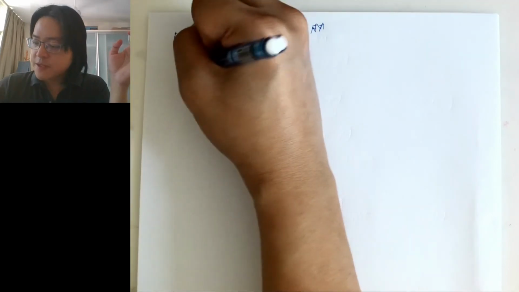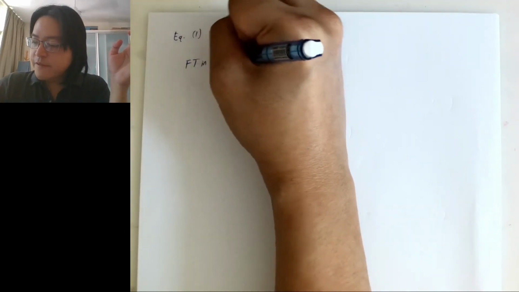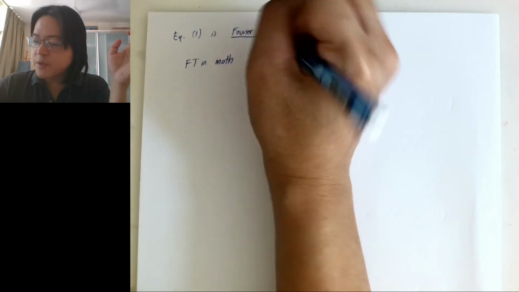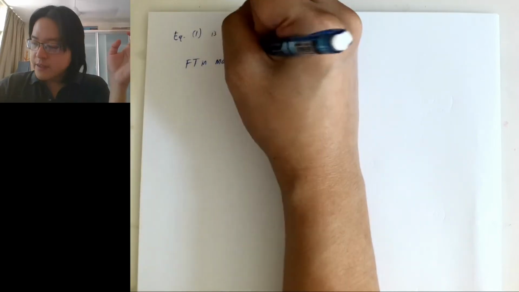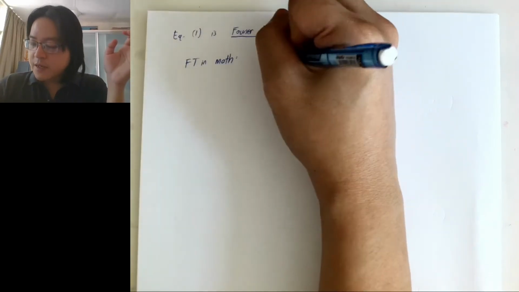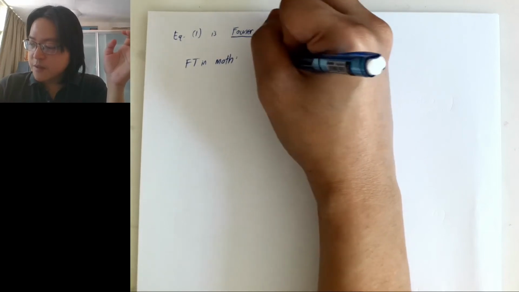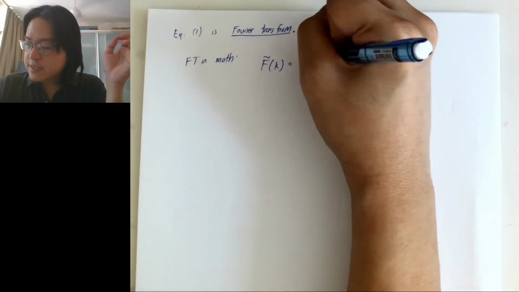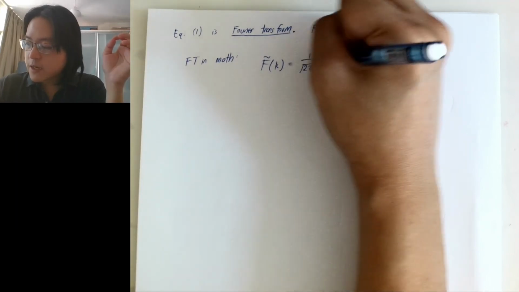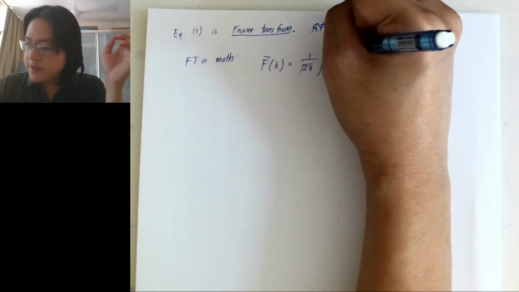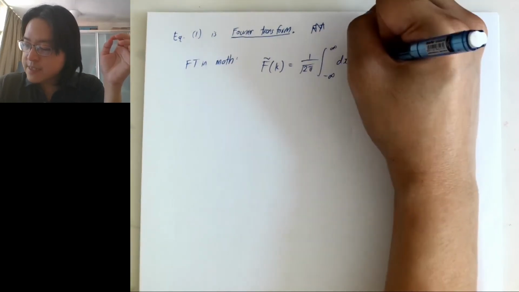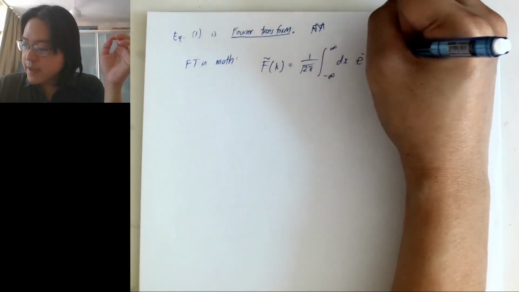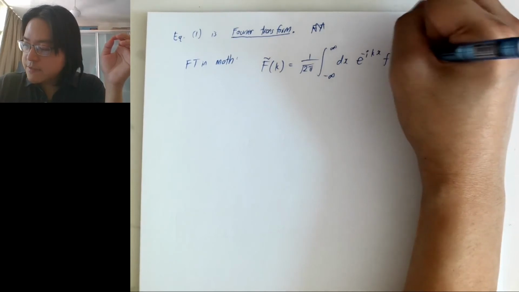The Fourier transform in math, if you Google or search Wikipedia for Fourier transform, this is what they will tell you. They will tell you that the Fourier transform of a function f, is a function of k given by 1 over the square root of 2 pi, integral from negative infinity to infinity with respect to dx, e to the negative ikx, and then this function f.